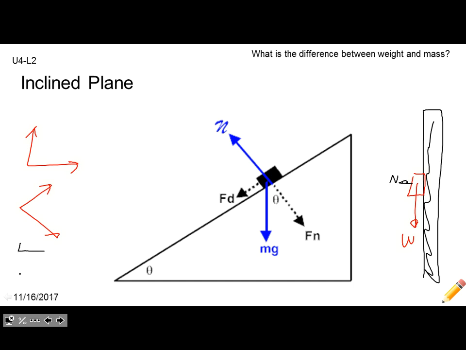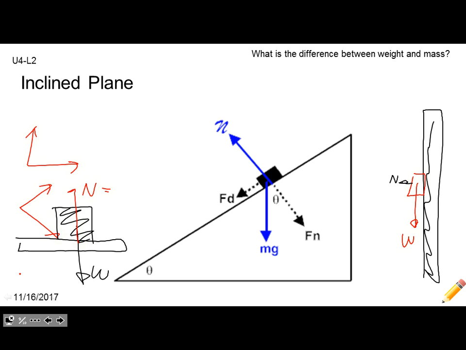If we go to the other extreme, and I have the inclined plane completely flat, I still have weight pulling down. What direction is the normal force now? Up. It's pushing up on the box. And what is the normal force equal to? It's not 0 now, because if it was 0, the net force would point down and it would fall.